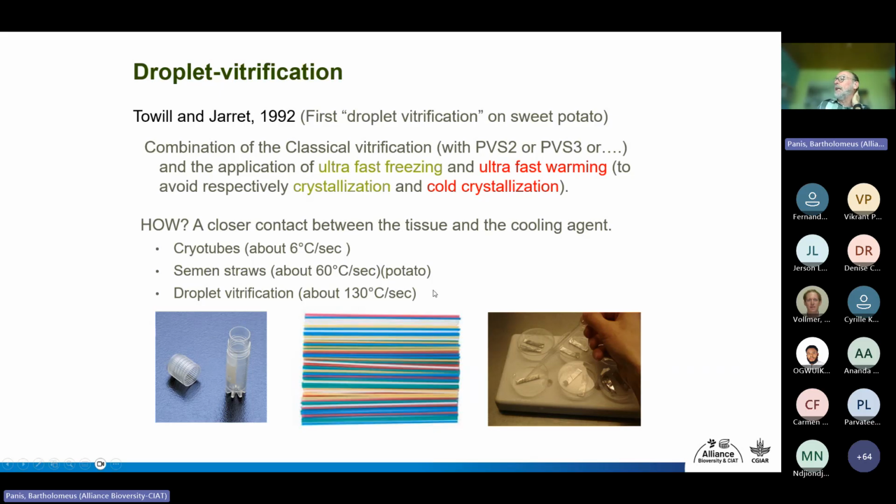This means that in 2 seconds, you could go from room temperature to the temperature of liquid nitrogen, and this makes a huge difference. Something intermediate are the straws, where you can place the meristems inside a straw, but this is now less used. So now this is the methodology which is often used.